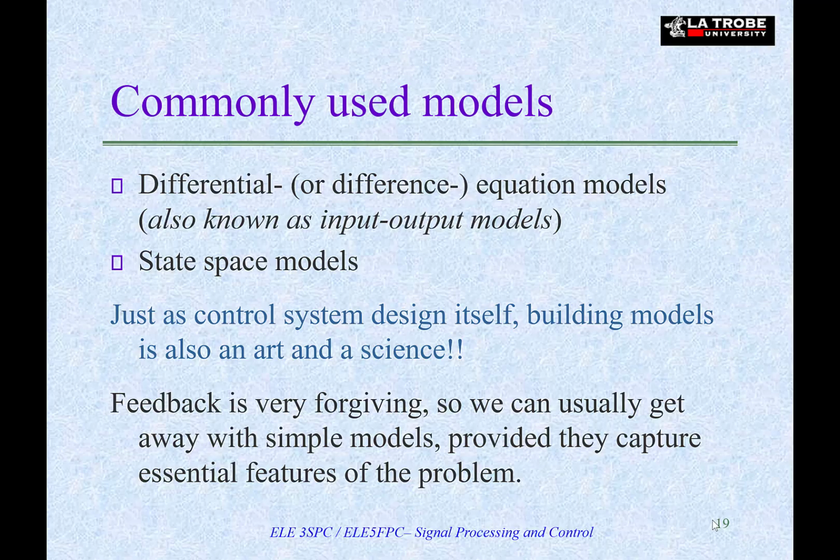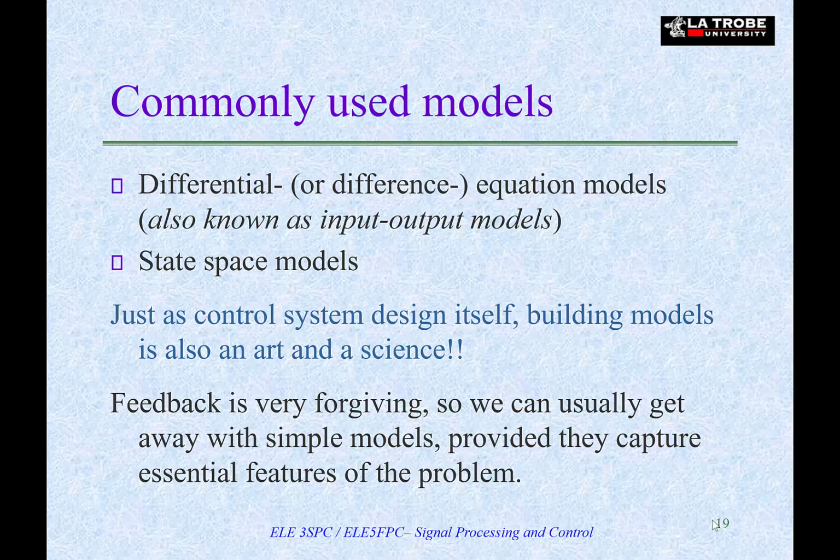Just as control system design itself, building a mathematical model of the system we investigate is also an art and a science. It is a non-trivial job and it requires a lot of skill. Fortunately, feedback is forgiving.